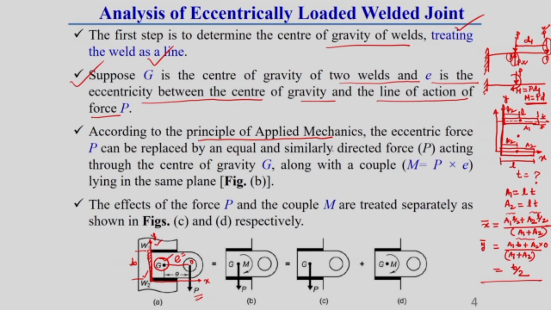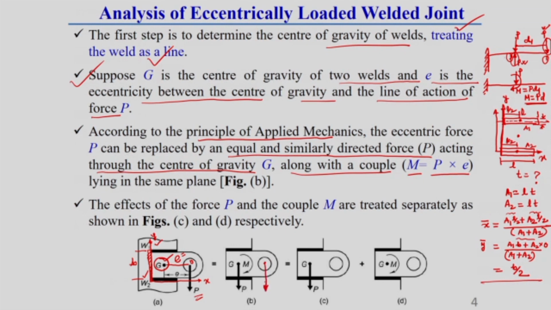The principle of applied mechanics tells that the eccentric force P can be replaced by an equal and similarly directed force P acting through the center of gravity G, along with a couple. This couple will be M equal to P into E. What did we do here? Initially there was a force here.